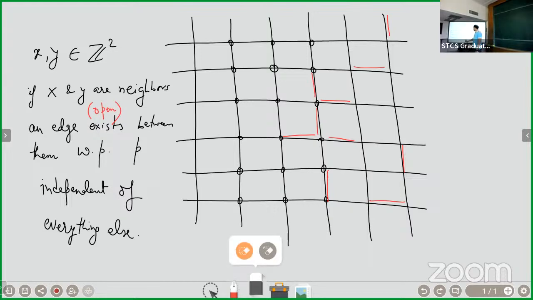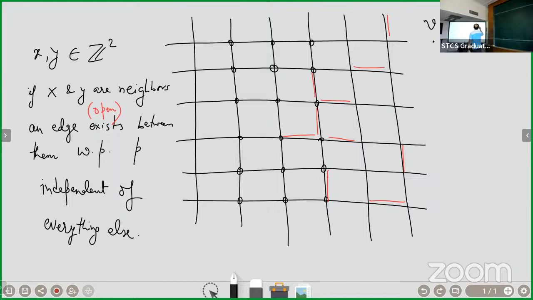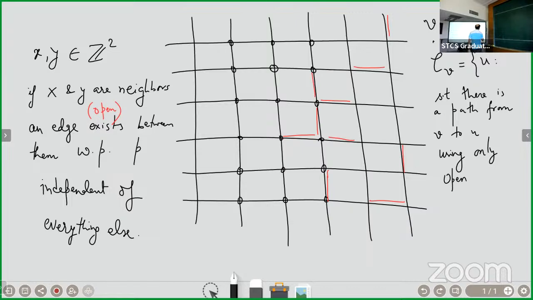There are no diagonal edges here. So for a vertex v, the connected component C(v) is all vertices such that there is a path from v to them using only open edges. That's your connected component: all the vertices I can reach.